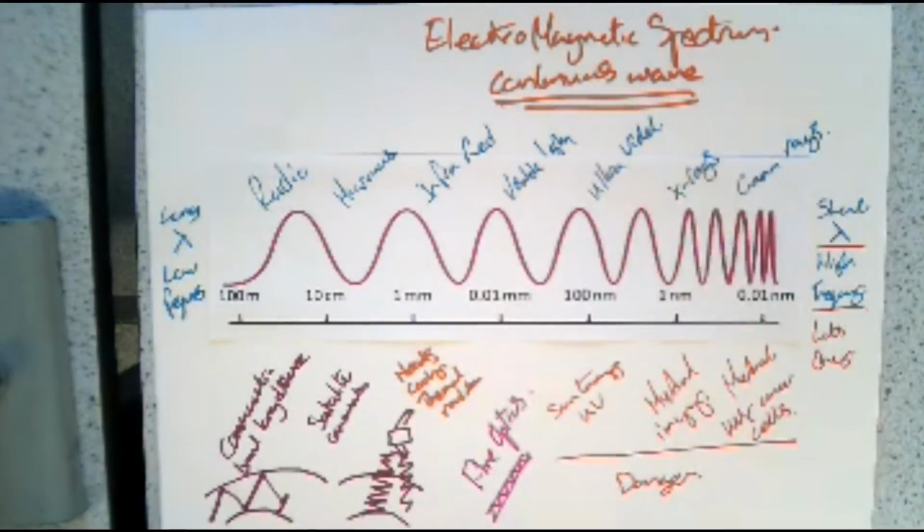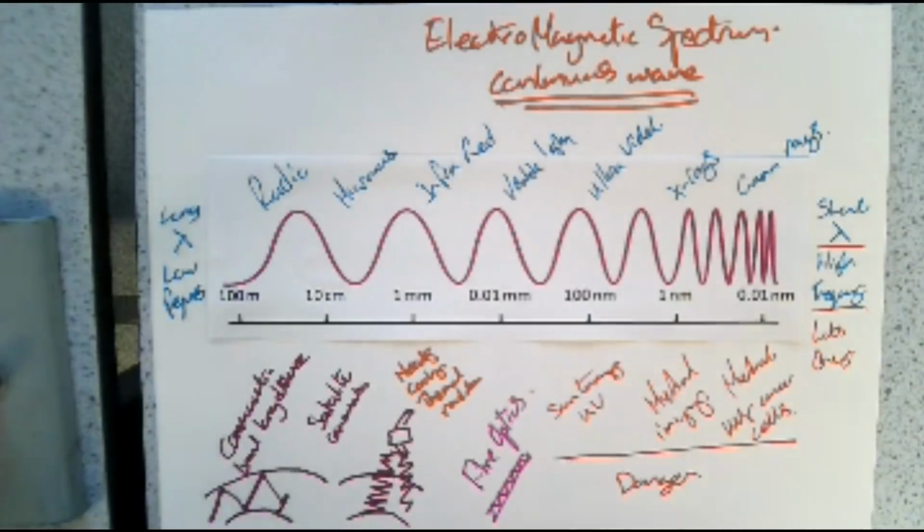It's a continuous wave, and the order of it goes from a long wavelength and a low frequency to a short wavelength and a high frequency, or vice versa. Radio waves, microwaves, infrared, visible, ultraviolet, X-rays, gamma rays, the uses, and which end is dangerous.